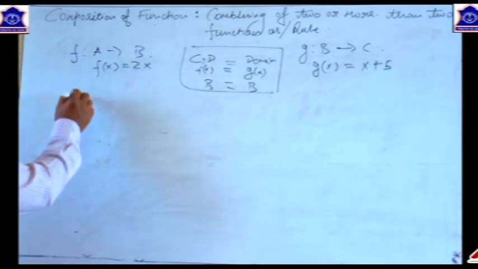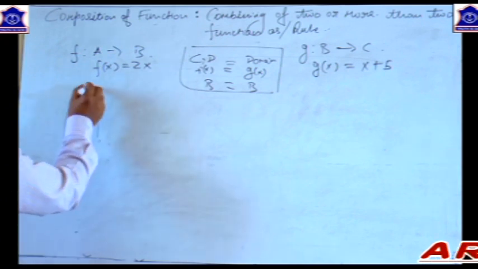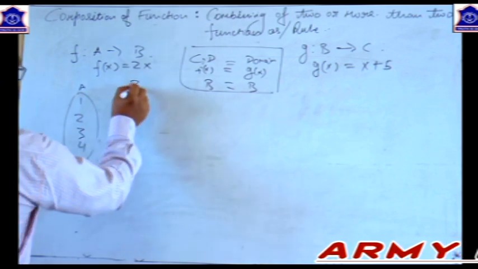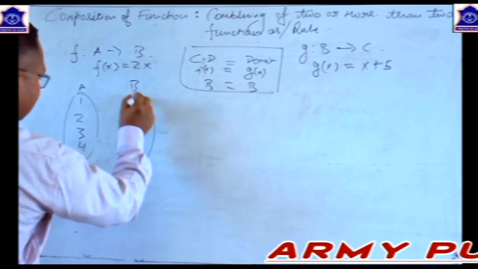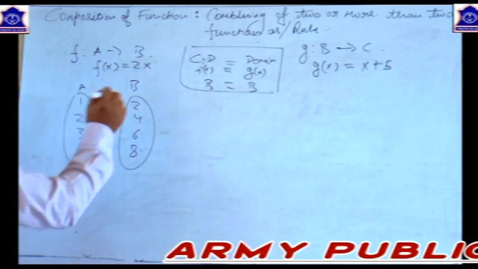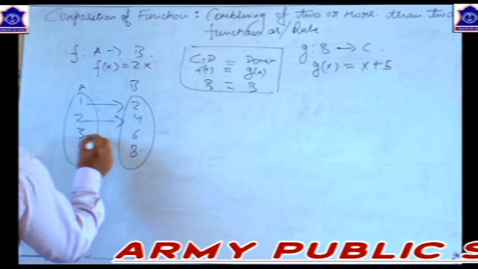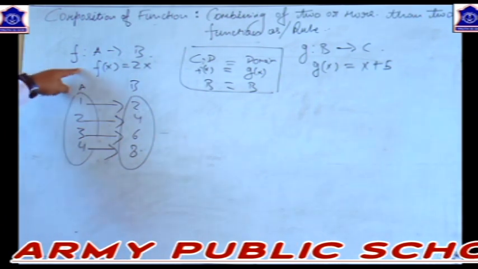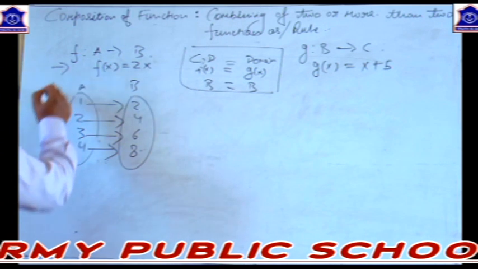So here I am taking a set A where the elements of set A are 1, 2, 3 and 4, and another set B where the elements of set B are 2, 4, 6 and 8. Image of 1 is 2, image of 2 is 4, image of 3 is 6 and image of 4 is 8, using the definition of function, that is fx equals 2x.